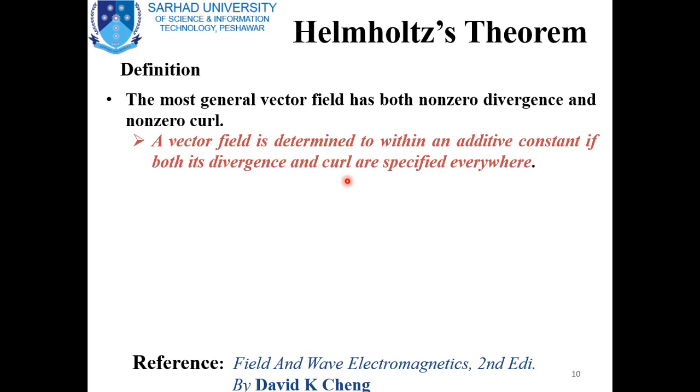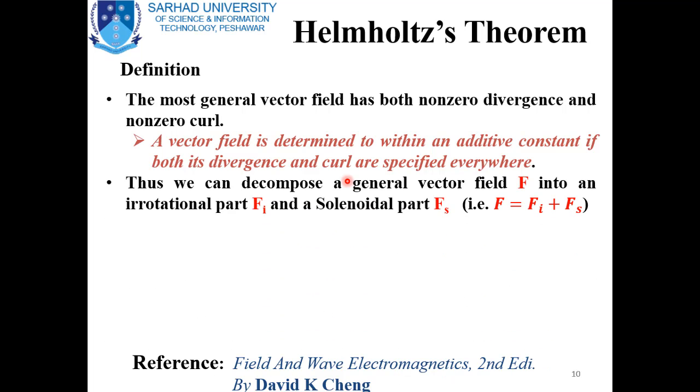are specified everywhere, and thus we can decompose a general vector f into an irrotational part which is represented by fi and a solenoidal part which is represented by fs.